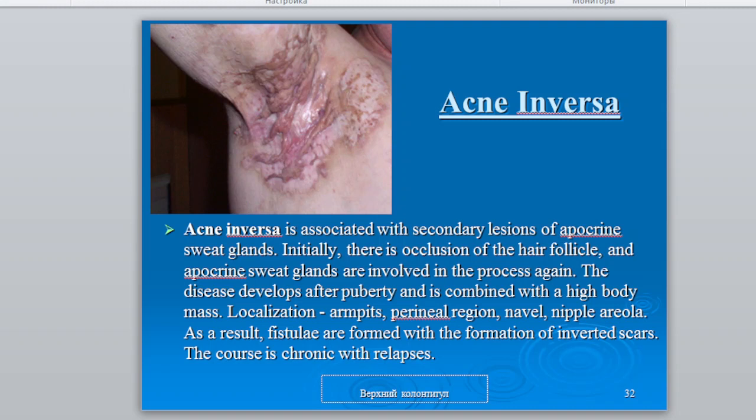The disease develops after puberty and is combined with a high body mass. Localization: armpits, perineal region, navel, nipple areola. As a result, fistulae are formed with the formation of inverted scars. The course is chronic with relapses.